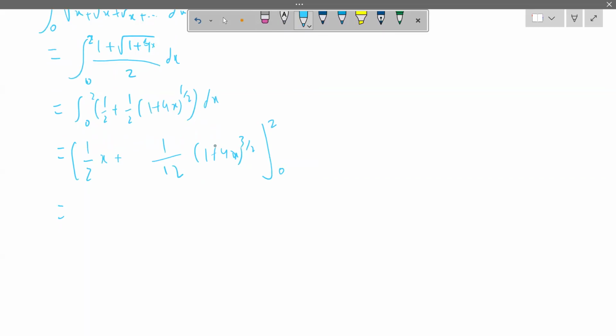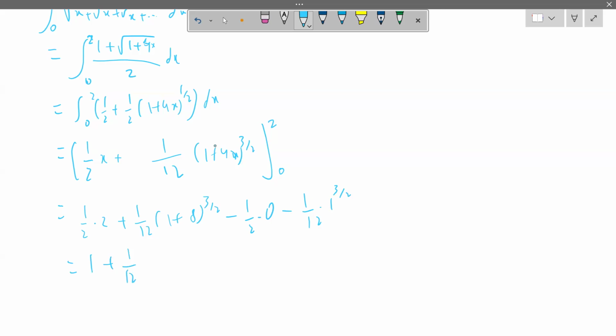So we have 1/2 times 2 plus 1/12 times 1 plus 8 to the power of 3 over 2, minus 1/2 times 0 minus 1/12 times 1 to the power of 3 over 2. This last part is just 1.